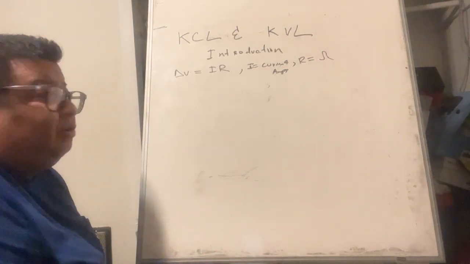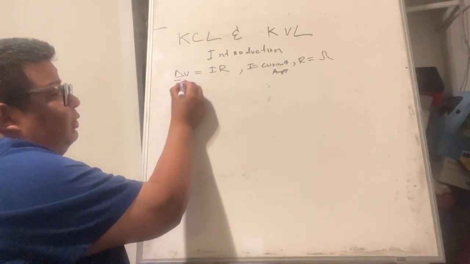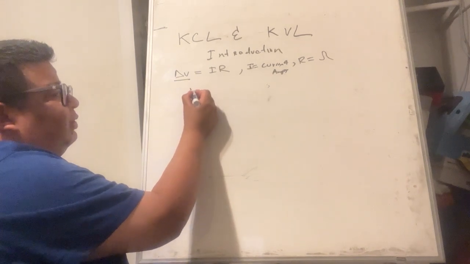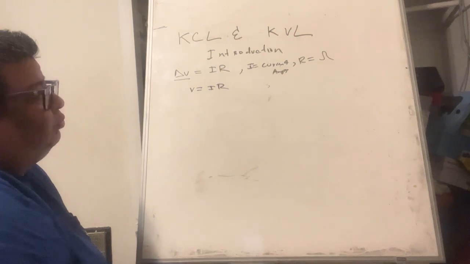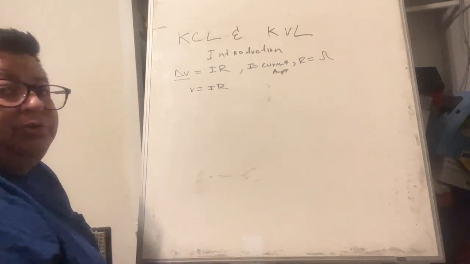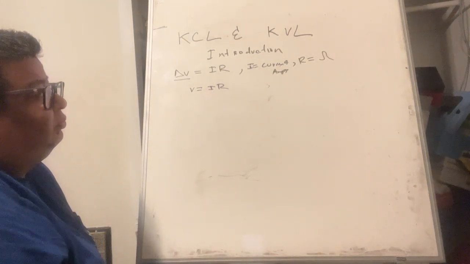But for resistors, we don't really write delta V. We write V equals IR: voltage equals current times resistance.